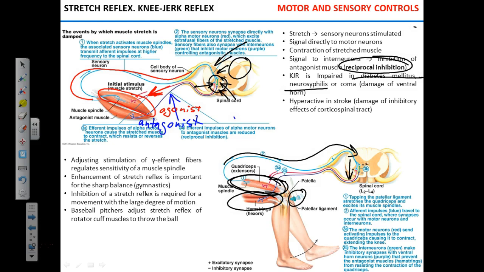Different sensitivity. Does that make sense? Same goes with the stretch reflex. Sensitivity can be adjusted via practice, via the stretching, that kind of stuff. Think about this. Enhanced sensitivity helps people that, say, practice gymnastics to exercise those complex movements on the beam, balance, all that stuff.